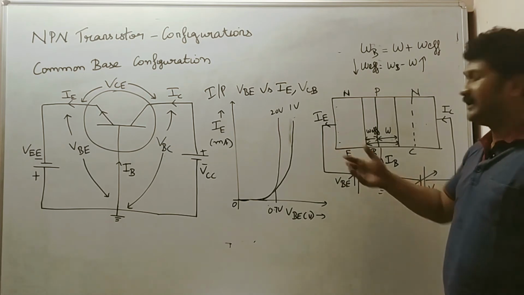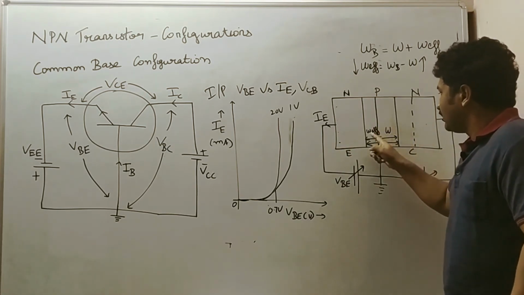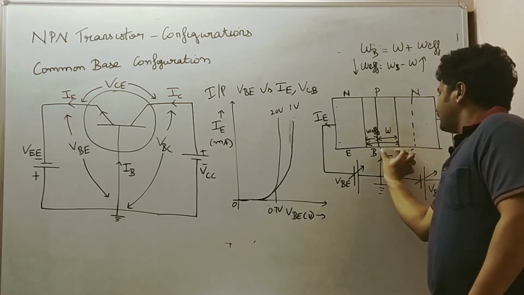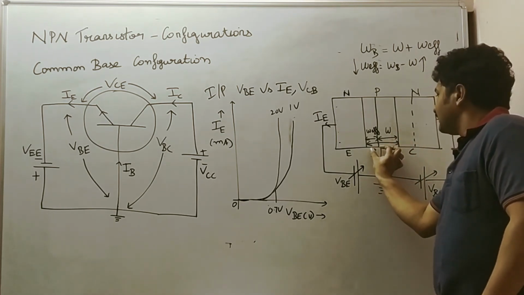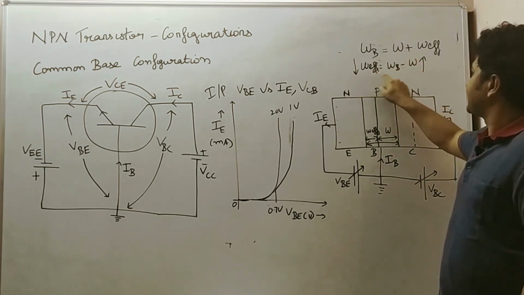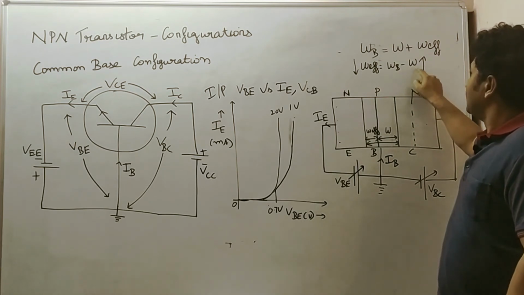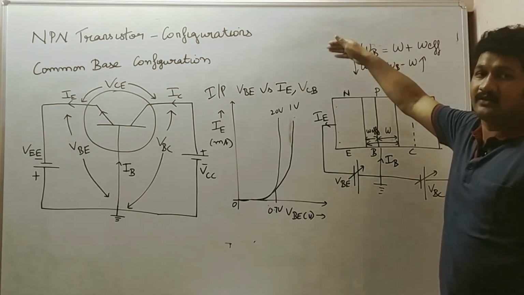WB is split into two, W and W effective. W is the right portion and W effective is the left portion. When I write the equation with respect to W effective, it is WB minus W. This W increases because we increase the reverse bias voltage from 1 to 20 volt.